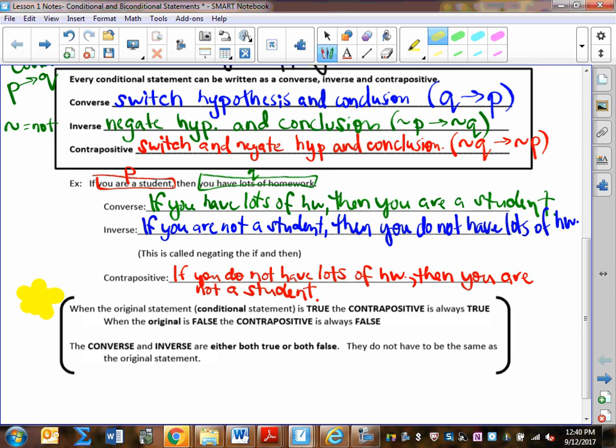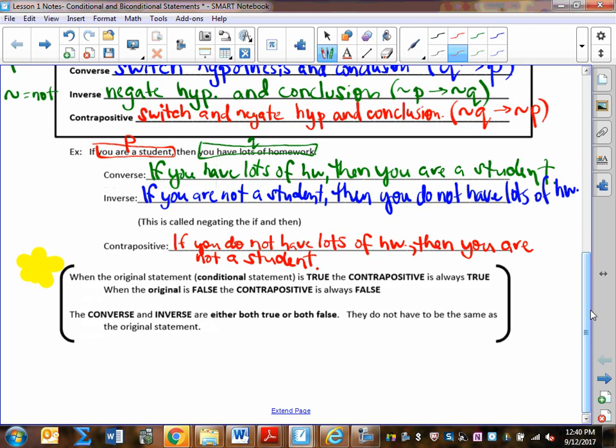But we're going to talk about their truth values. Meaning, is the statement true or is it false? When the original statement, your conditional, is true, then the contrapositive will also be true.